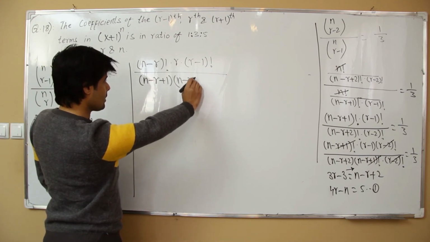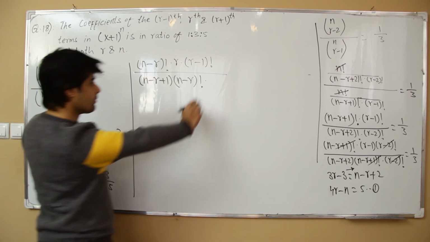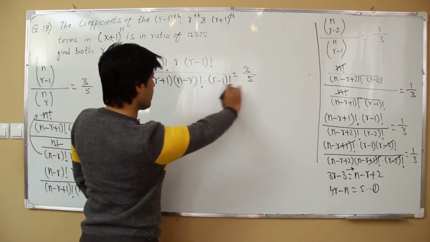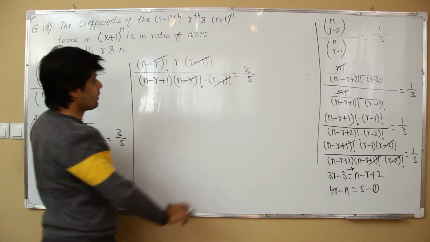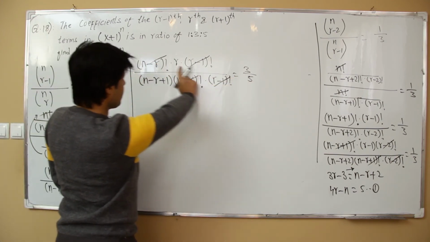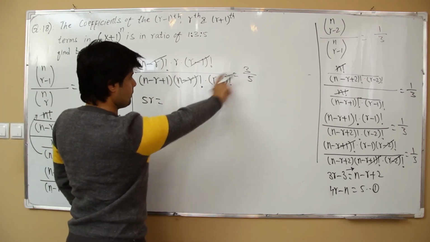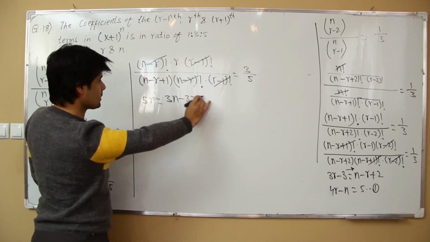Then you have n minus r factorial times r minus 1 factorial is equal to 3 by 5. You can cancel this one and this one. Then 5 with this one, it's 5r, cross multiplication. 3 with this one, 3n minus 3r plus 3.